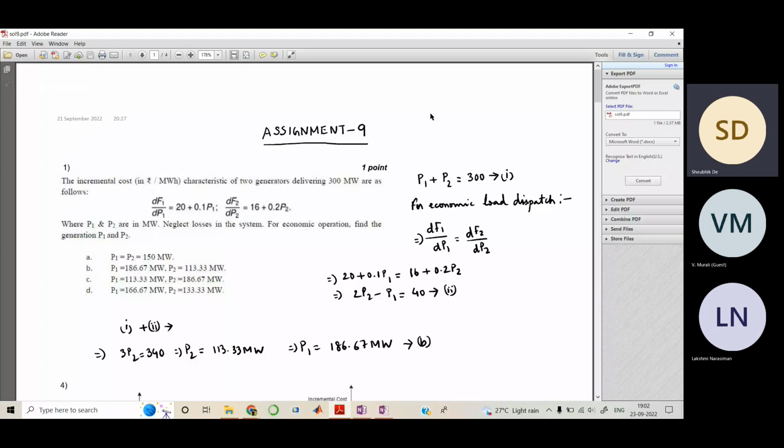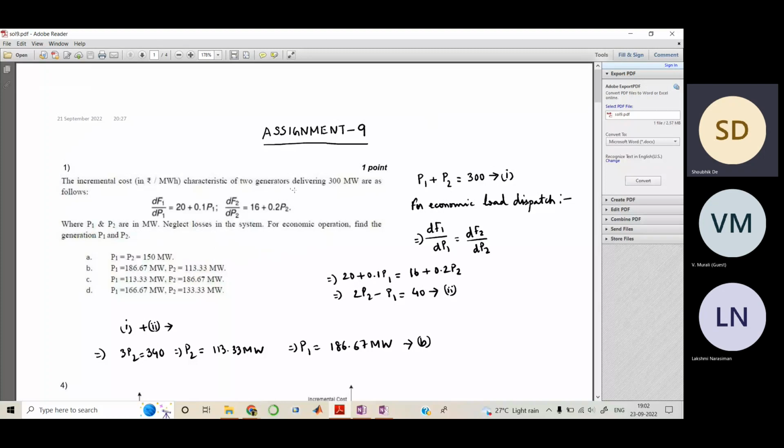So these are the two incremental cost equations, where P1 and P2 are in megawatt. So neglect losses in the system, we are not considering any kind of transmission loss. They have stated, for economic operation, find the generation P1 and P2.